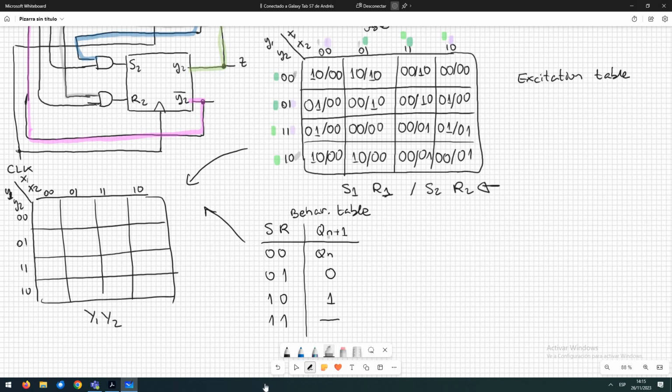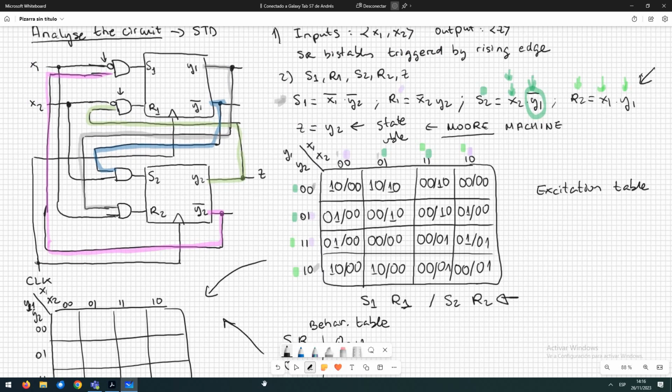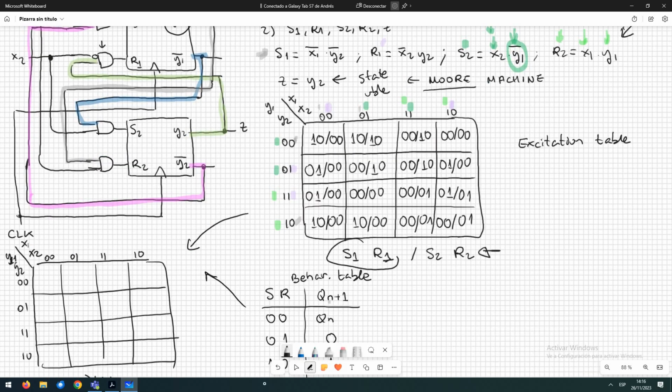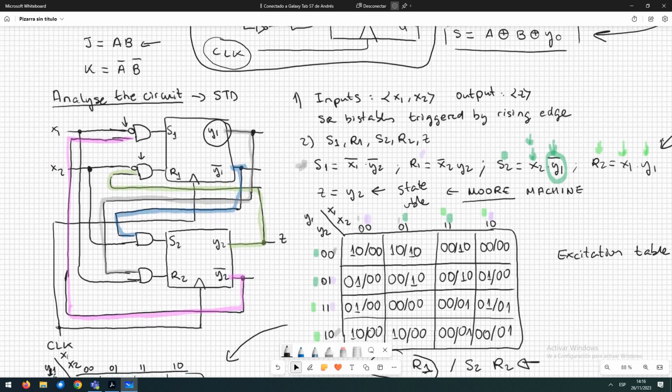So for y1 is this. y1 is the state variable of the first bistable. This one, okay? So we have to look at the values of S1 R1.